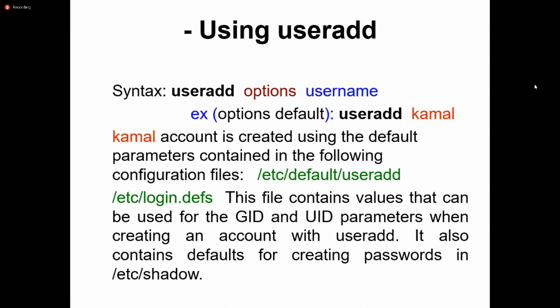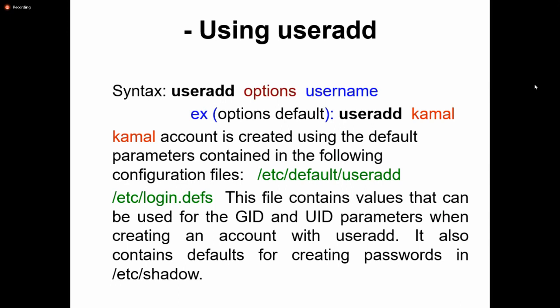Yeah, so there are two configuration files given here. So if you type this command to create the account, the default settings or parameters or configuration which are specified in these two files here will be applied to the new user.